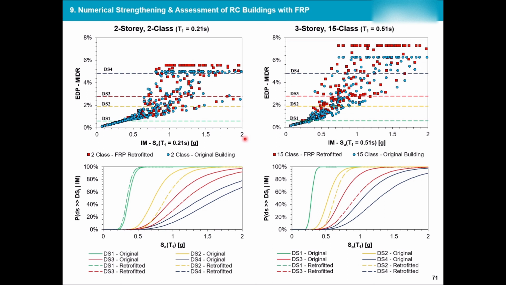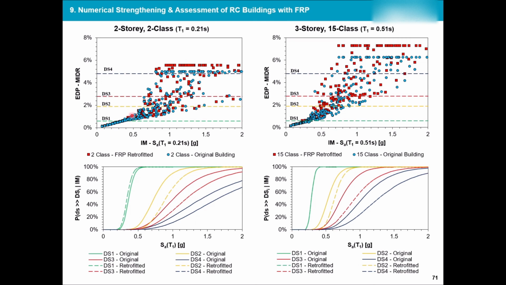We applied thousands of earthquakes to the same building. The red ones are the FRP retrofitted one, the blue ones are the original ones. Every single dot represents a performance point. Remember, if you apply, for example, an earthquake through the N2 method, for each earthquake that you apply, you get 1 performance point.